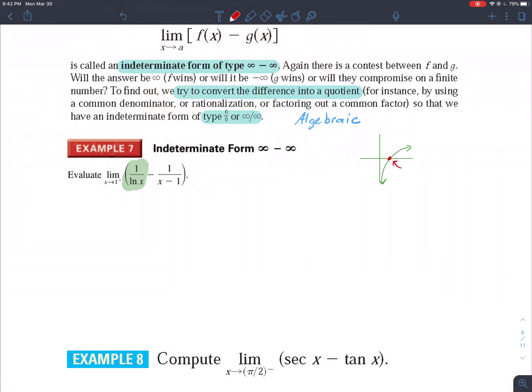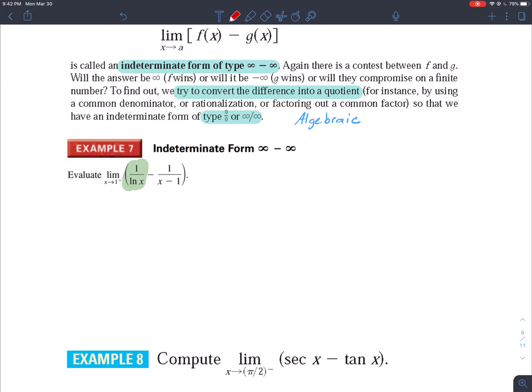We're getting a number close to 0. Struggling with this one, to be honest with you. I'm sorry, that's why. It's 1 over ln of x, 1 over ln of x, not 1 over x. All right, so ln of x, you know what? A graph would be really helpful right here, to be honest with you.